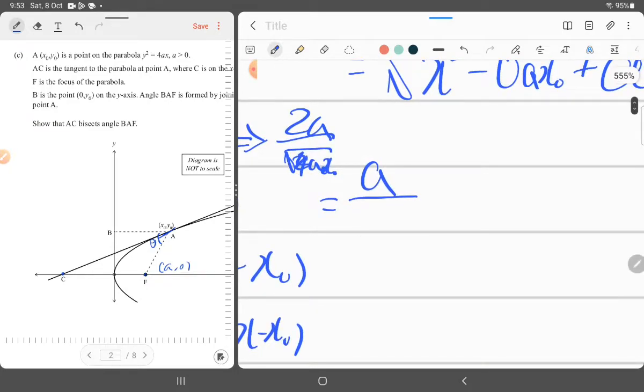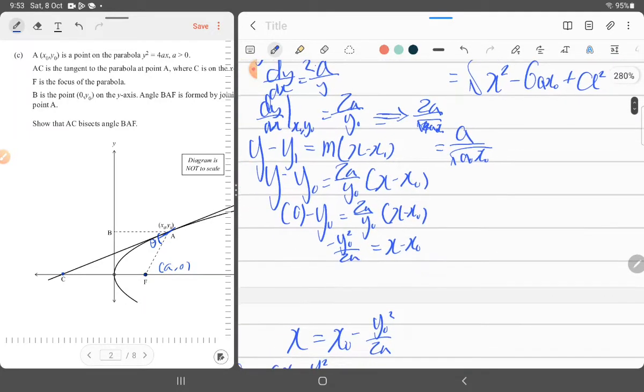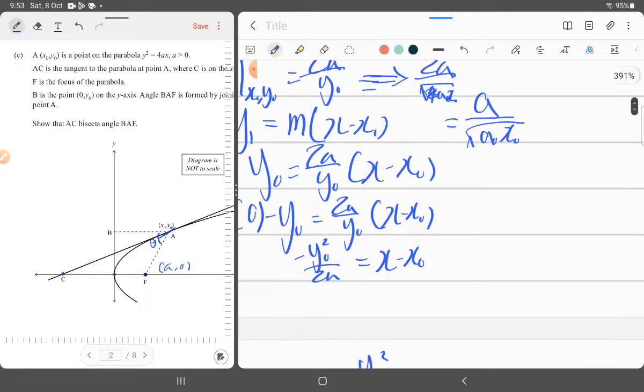It seems correct. Actually, is it? Right?